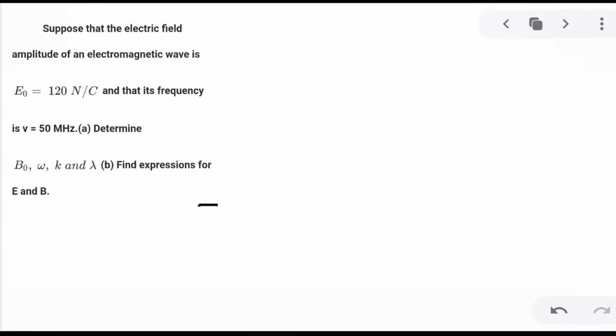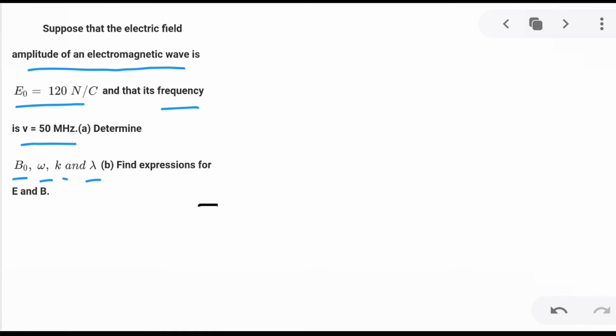Now next is question number 8.8. Suppose that the electric field amplitude of an electromagnetic wave is E naught equal to 120 Newton per coulomb and its frequency is nu equal to 50 megahertz. Determine B naught, omega, K and lambda.